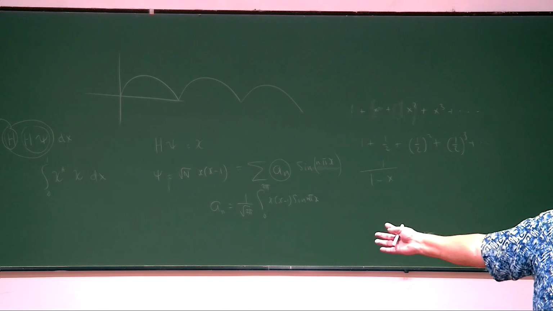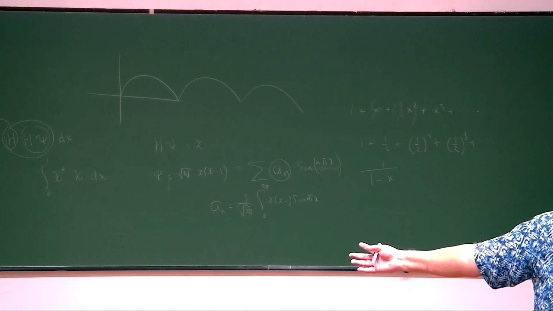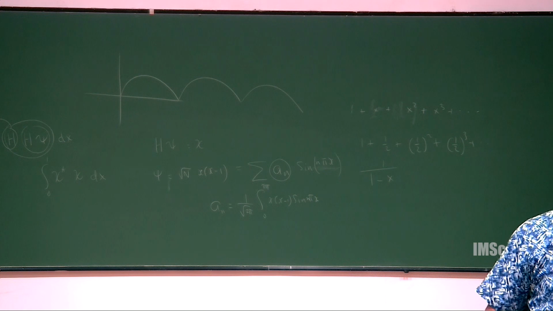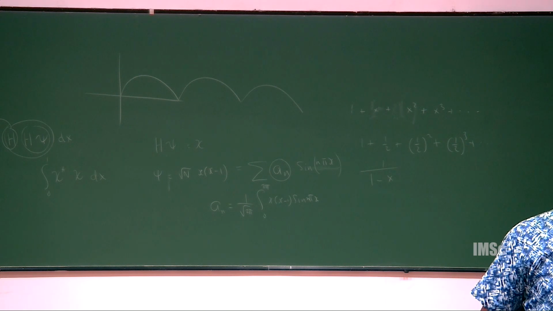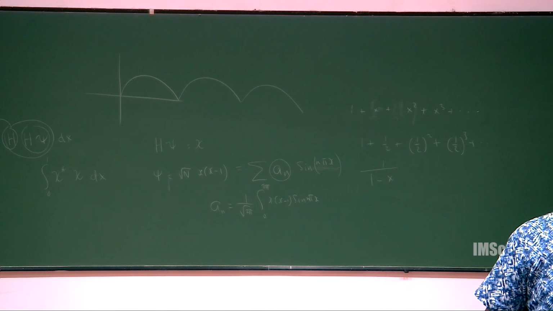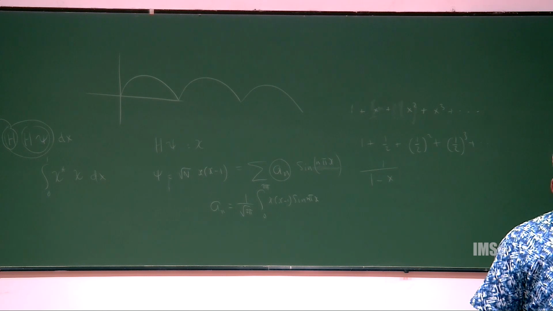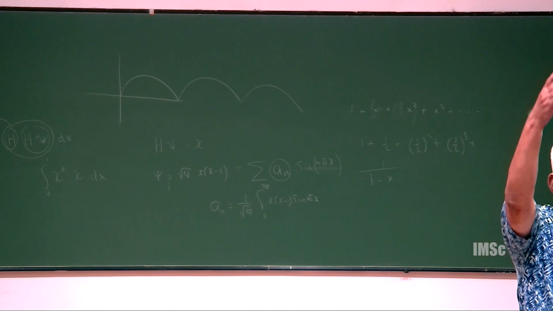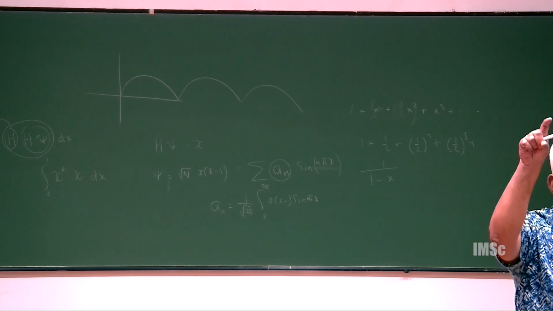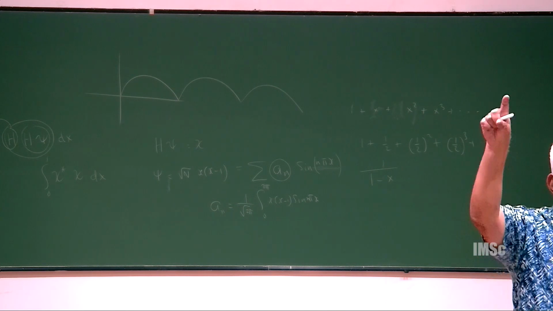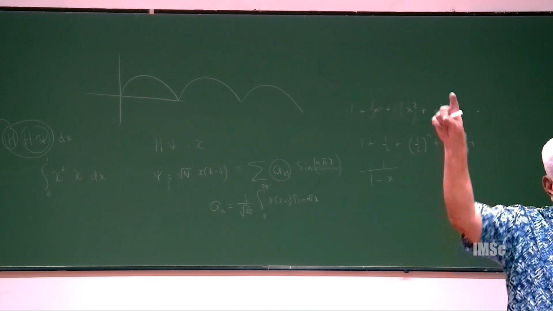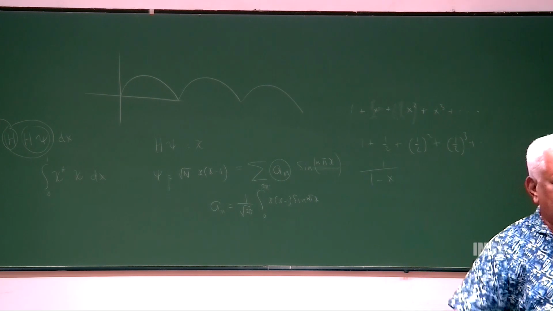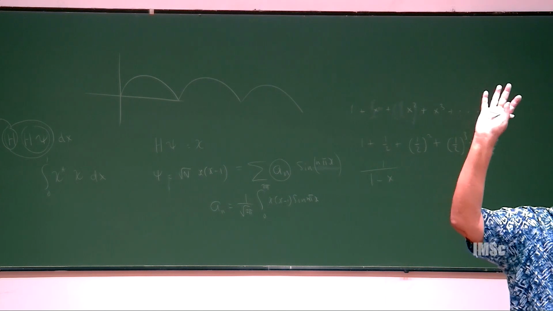That is, in our case, sin n pi x by L. Each function is sin n pi x, so n is going from 1 to infinity. So, the vector is infinite dimensional. If I want to write it as a column, the first one is 1 0 0 0, second one is 0 1 0 0, and third one is 0 0 1, and up to an infinite number of terms I will write.